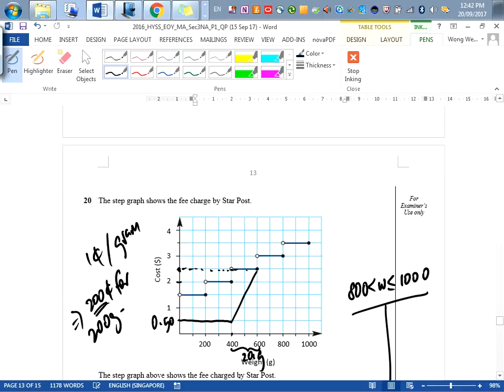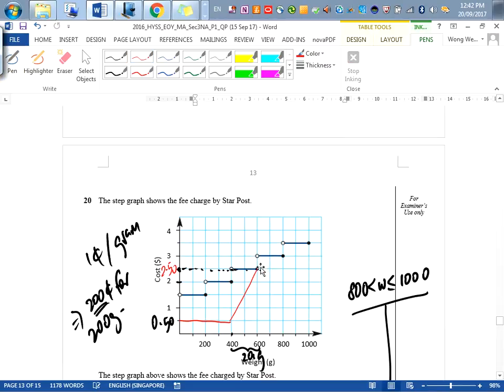Understand so far? Okay, let me use another color. So it is 50 cents until $4. For an additional 200 grams, it will cost an additional $2. So this is $2.50. Then an additional 200 grams, it will cost an additional $2 again.